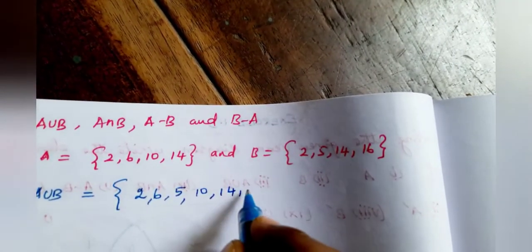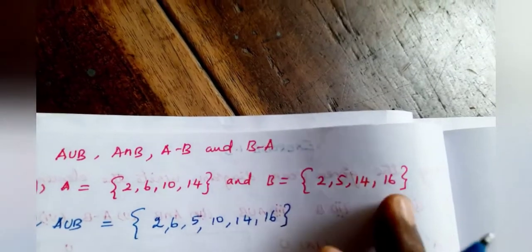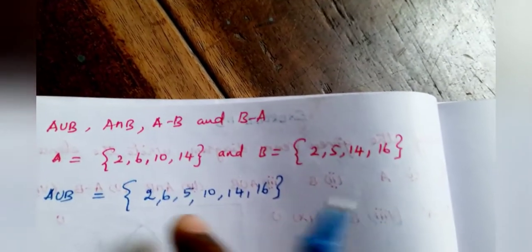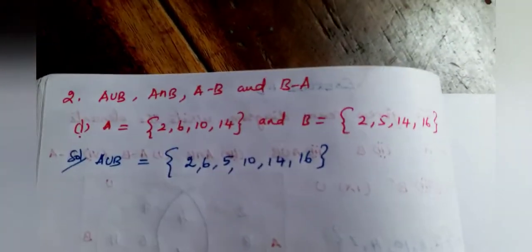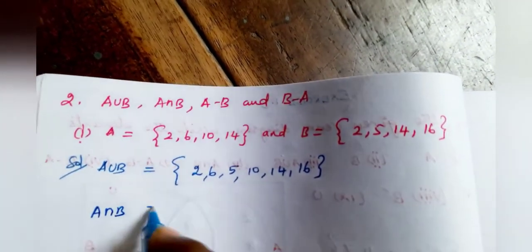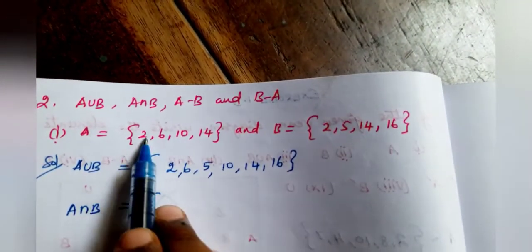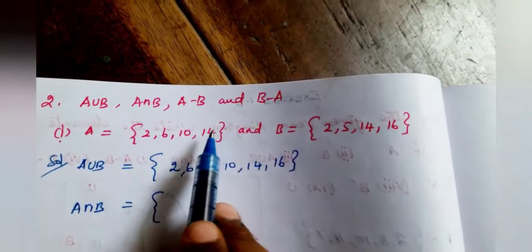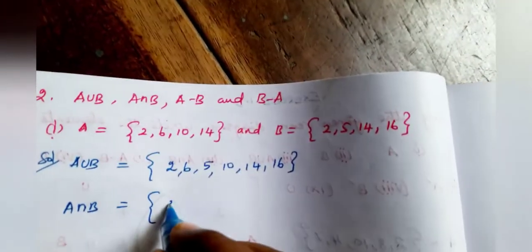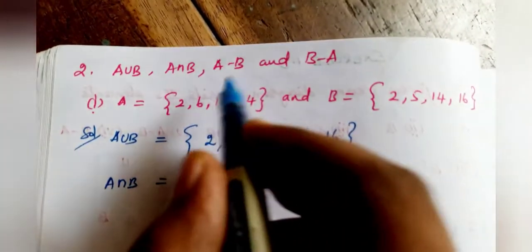So 2, 6, 5, 10, 14, 16 are A union B. Next, A intersection B. The common elements are 2 and 14, which repeat. Therefore 2 and 14 are A intersection B. The next one, A minus B.